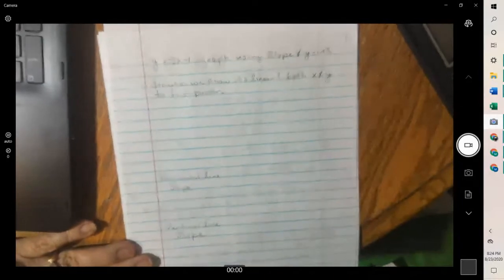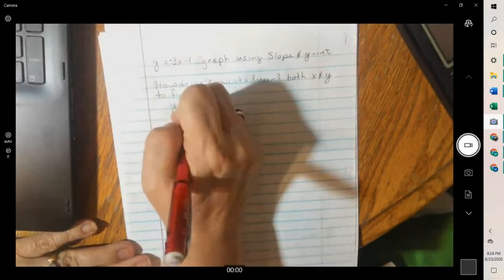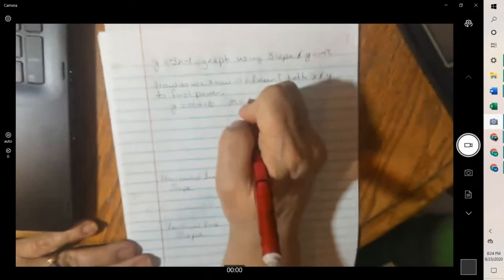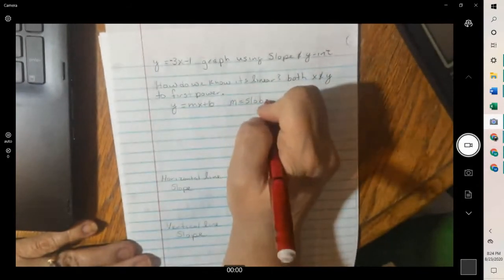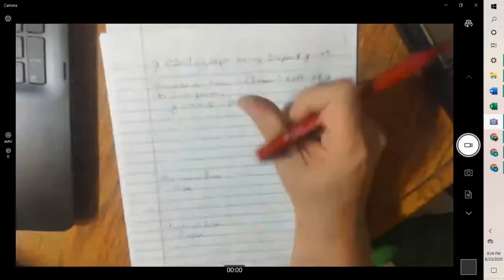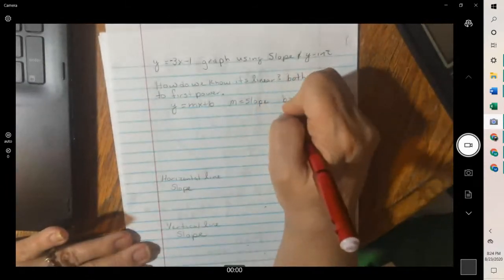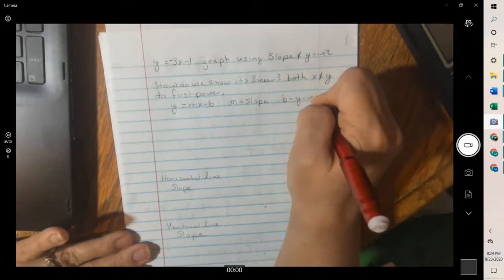Now, to graph using the slope and the y-intercept, you want it in y equals mx plus b form, which it is. But m is your slope, as I said earlier. And b is the y-intercept.